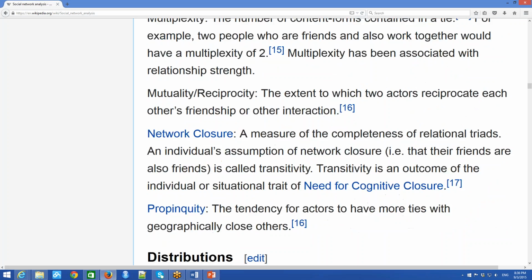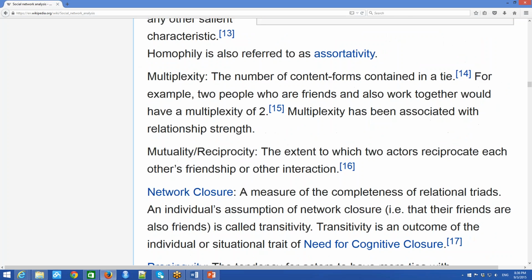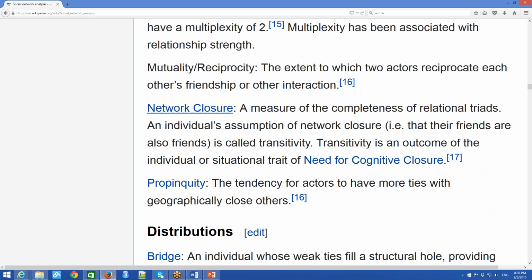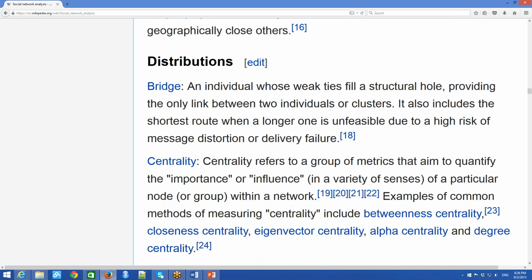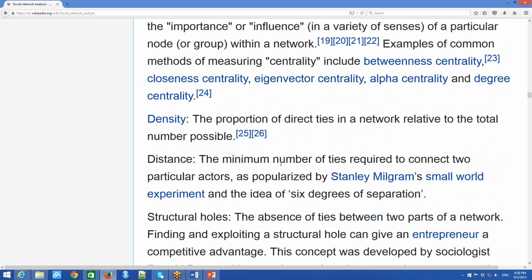Very similar idea here. Even though in social science there are some specific terms that we can study, such as homophily and also network closure, centrality, bridge. That's the idea.